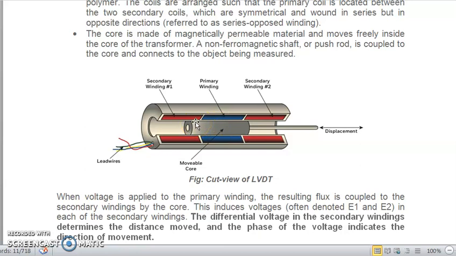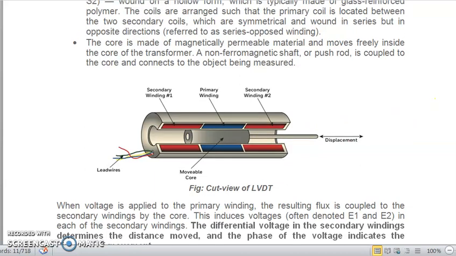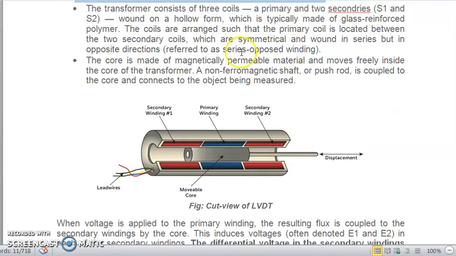Okay, so the two secondary windings are connected in electrical opposition. I will explain what that is. Now let us look at the primary winding and two secondary windings. The primary winding is indicated as P, and the secondary windings are indicated as S1 winding and S2 winding.